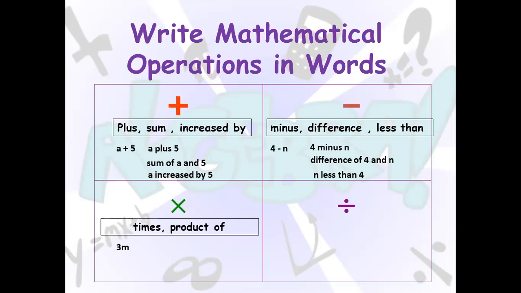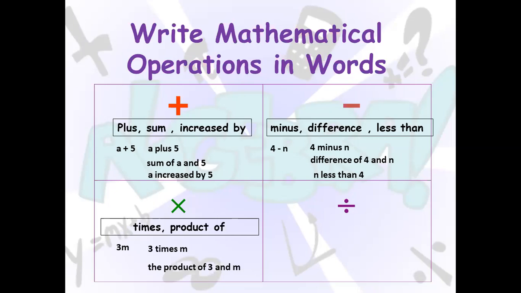We usually say 3 multiplied by m. There is nothing wrong even if you write it as 3 multiplied by m, but in a better way it will be 3 times m, or product of 3 and m. You can say 3 times m, or the product of 3 and m.